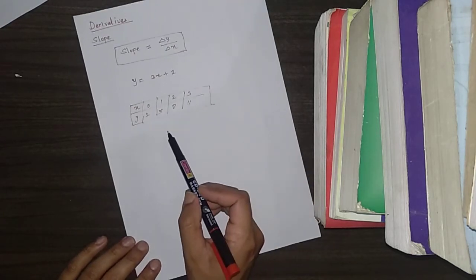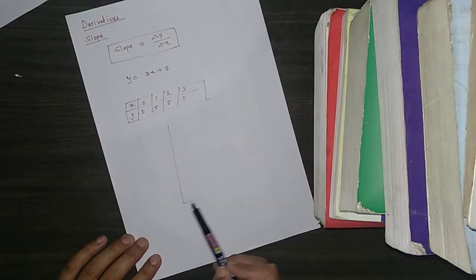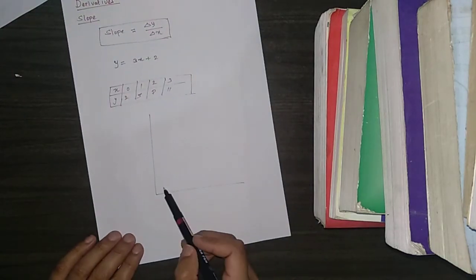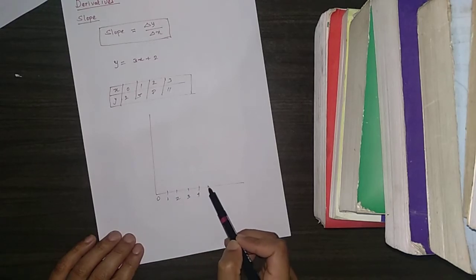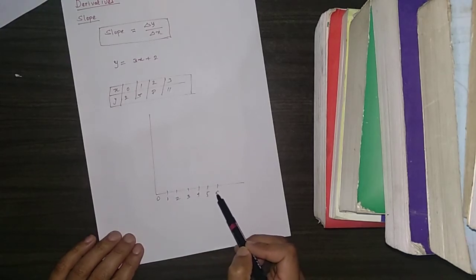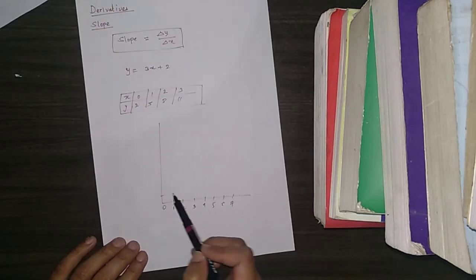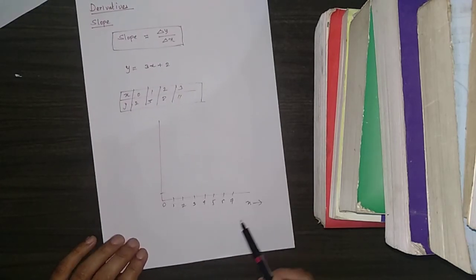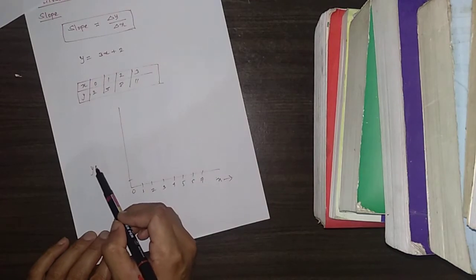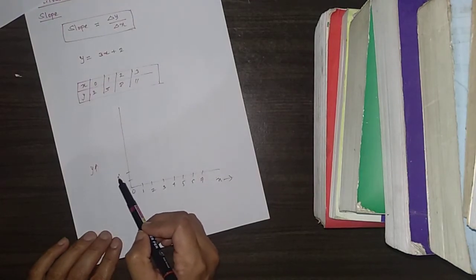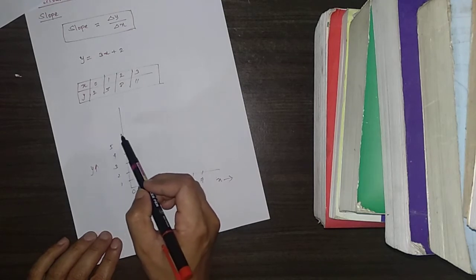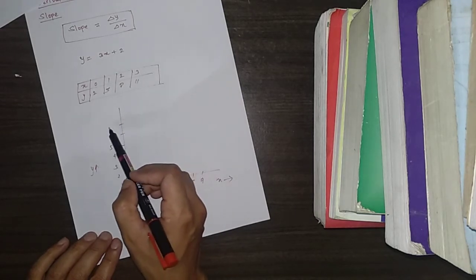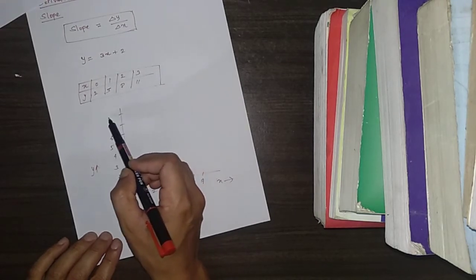So let's plot this. It will be 0, 1, 2, 3, 4, 5, 6, 7 on this side. This is the x direction, and this is the y direction. This is 1, 2, 3, 4, 5, 6, 7, 8.